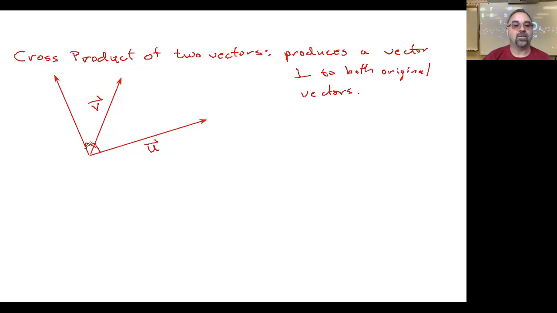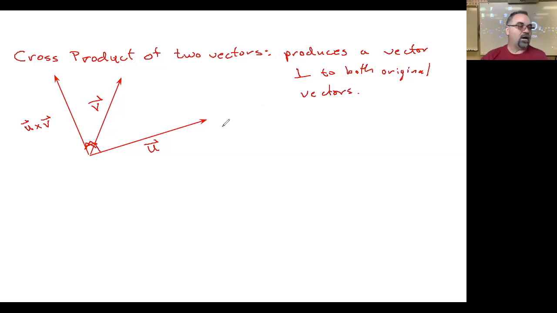Well, that's a terrible perpendicular sign there, but you get the idea. So this is what u vector cross product with v vector would give us, a third vector in a totally different direction. It's coming up out of the plane that contains u and v.